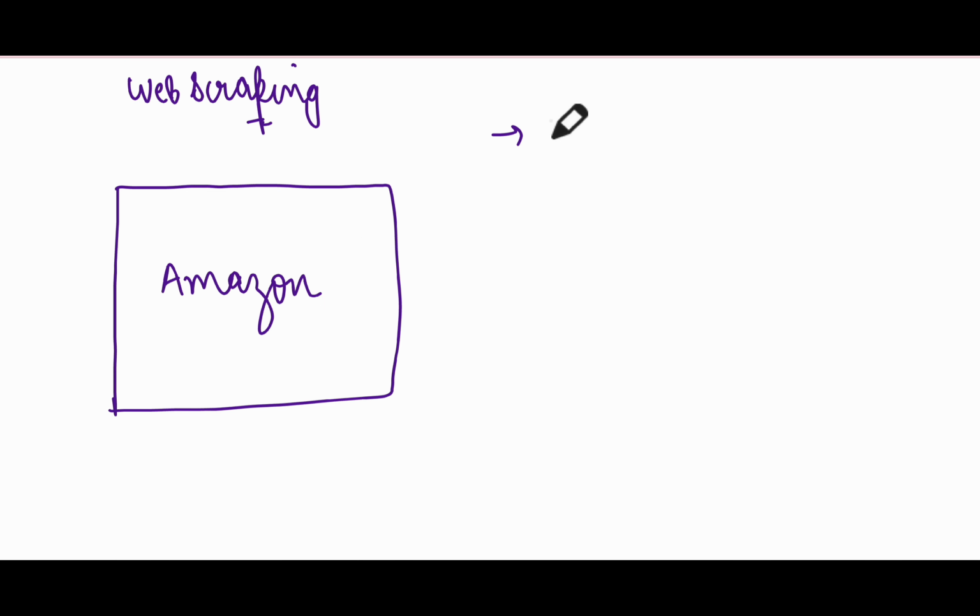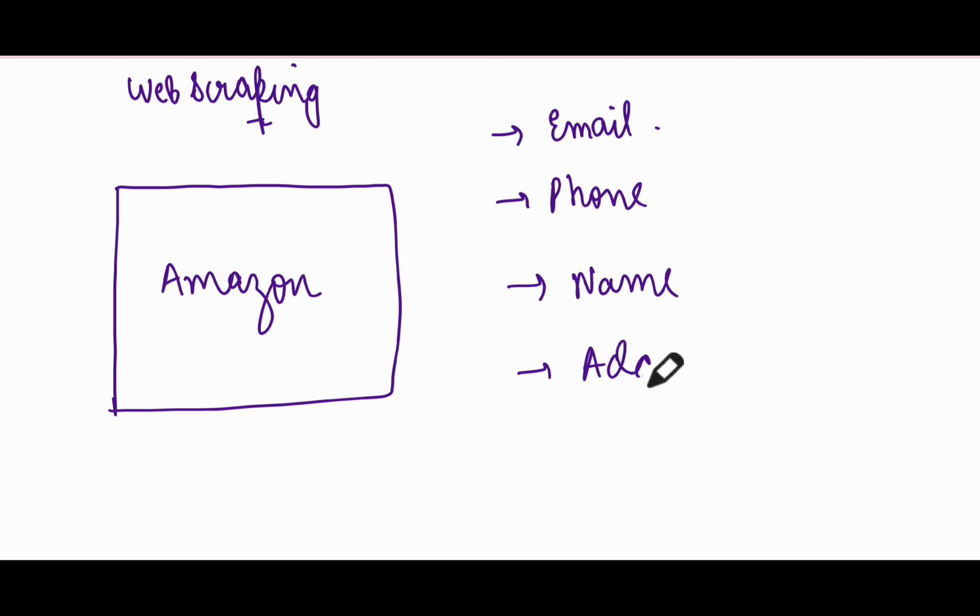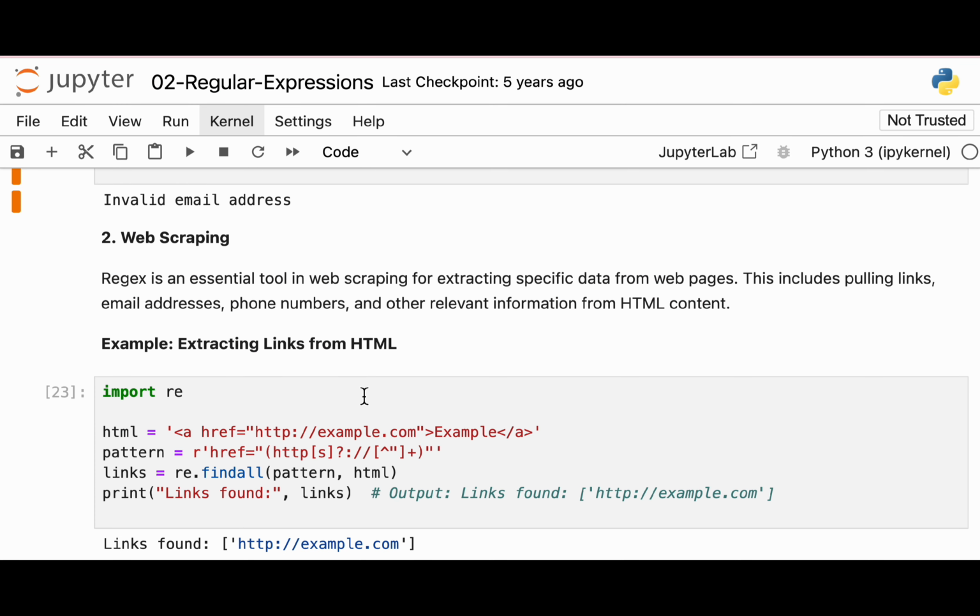You can retrieve the email address through which a customer has registered on this website, their phone number, their name, or their address. How does any software pick all these things? This is done using regex. All this information which you get through web scraping is actually done through regex.